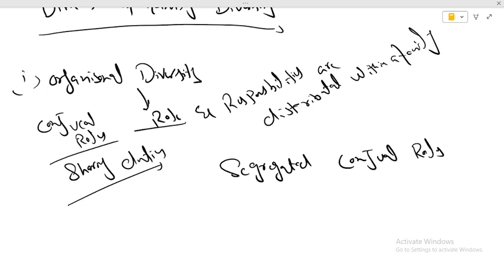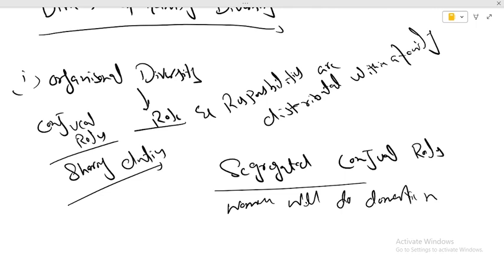This traditionally involves women having responsibility for domestic labor and men for paid work outside the home, while joint conjugal roles within a family are the sharing of domestic duties. So what is segregated? Women will do domestic work while men will do work outside of the home.